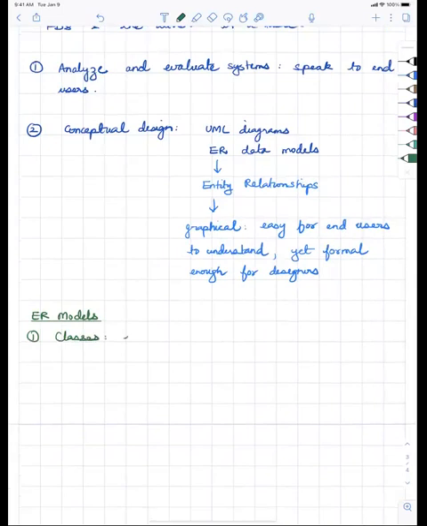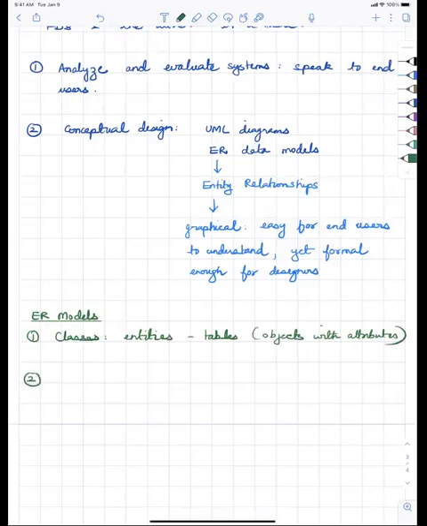These are the entities, which are really just tables. So, objects with attributes. And then we have associations. These are also tables actually, because in relational databases, everything becomes a table.